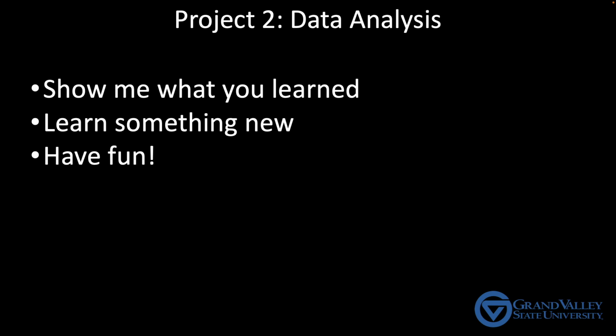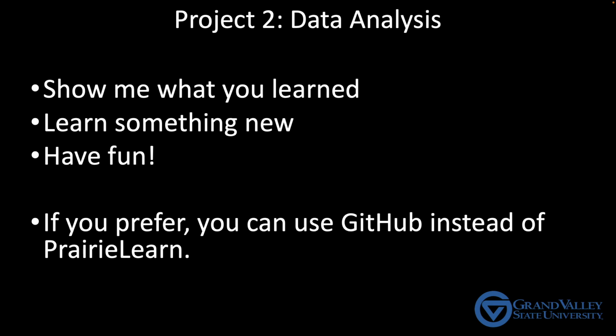And let me mention one other thing. You do have to open this project in PrairieLearn to see what your data sets are. But if you would rather not do the project in PrairieLearn, if you would rather do it as a standalone or in some other environment, you are welcome to use GitHub. And I'm happy to show you the basics of GitHub if you haven't used it before.